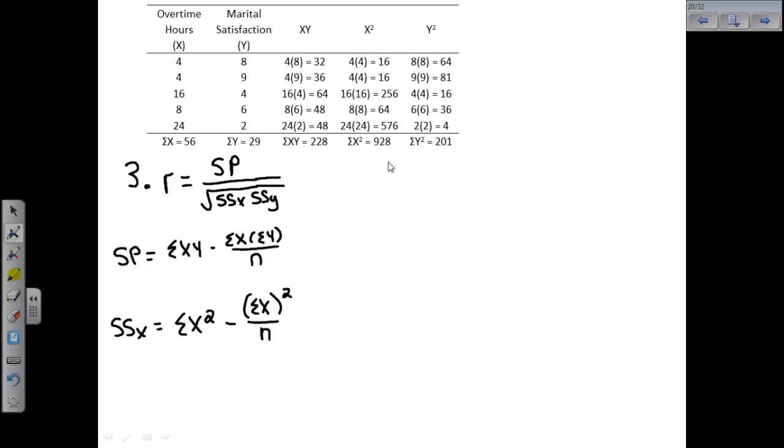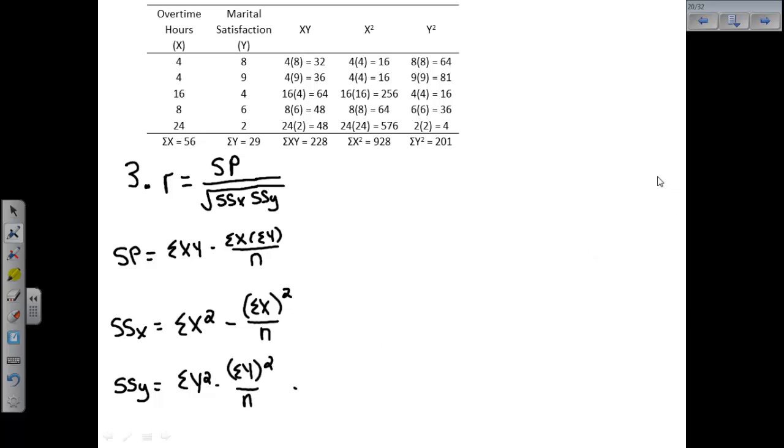And I already have my sum of x squared, boom. Sum of x, boom. I know my n, done. Sum of squares y. Sum of y squared minus sum of y quantity squared divided by n. I've got my sum of y squared here and my sum of y here, and I know that my n is 5. So I'm done writing down formulas.